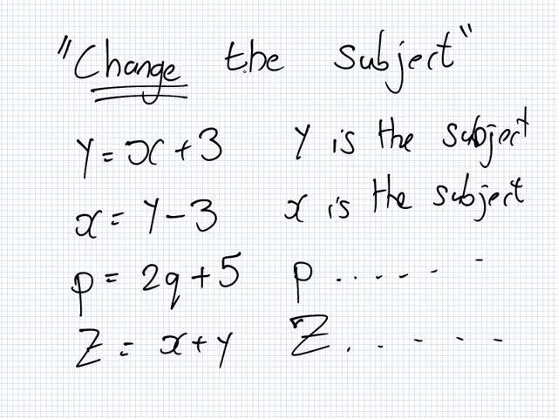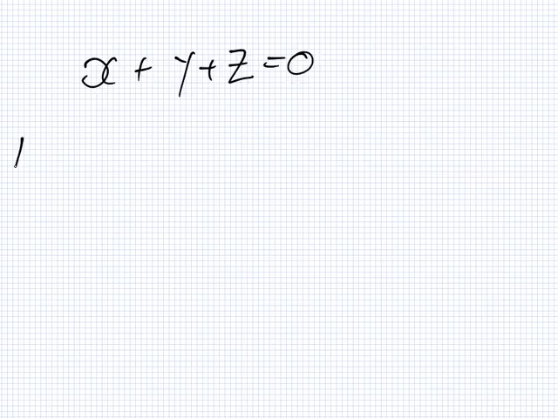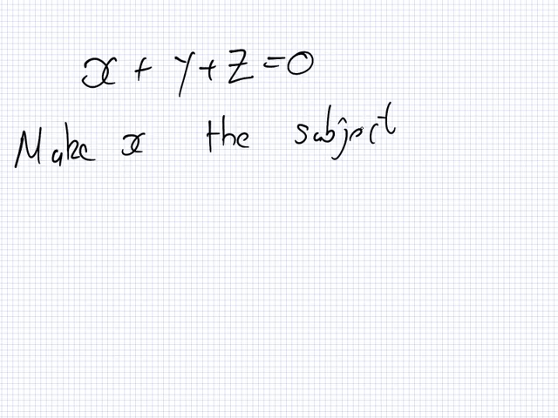So, I hope you remember from middle school, you need to take the y over here and take the z over here. So now you're left with x equals 0 minus y minus z. So x equals minus y minus z. But you could also make y the subject, so you could get y equals minus x minus z. Or you could make z the subject.